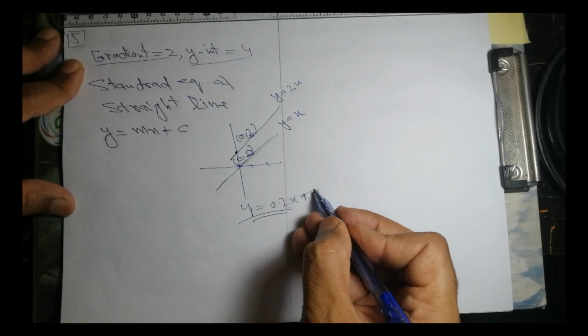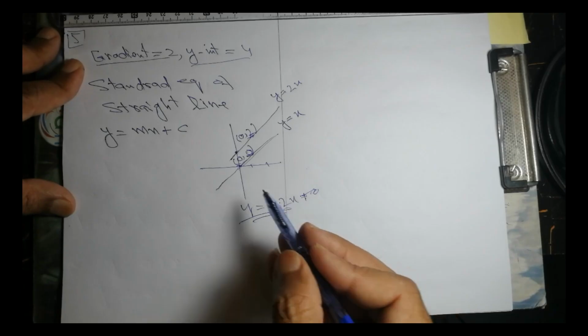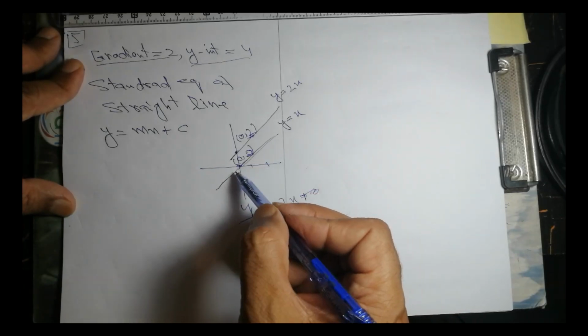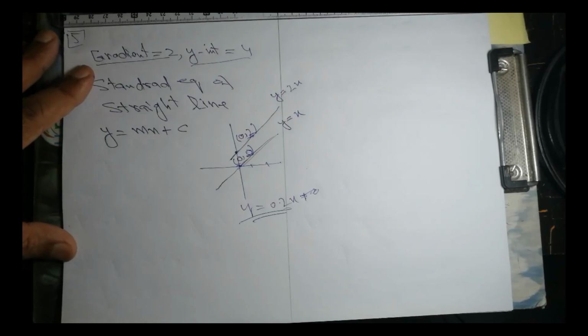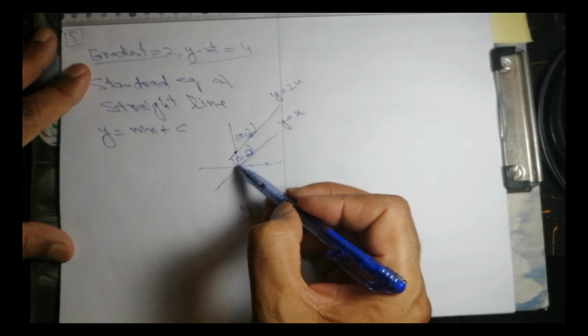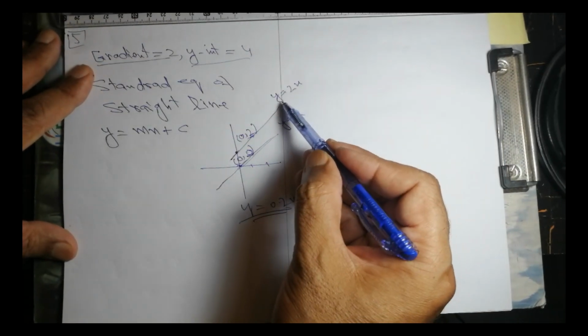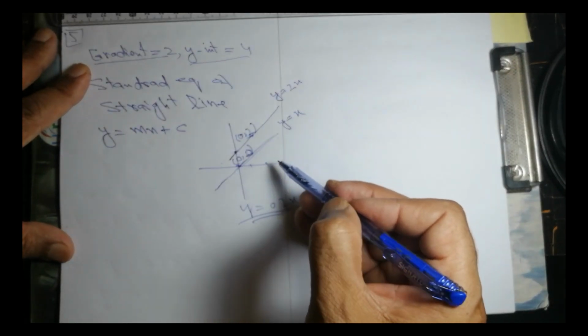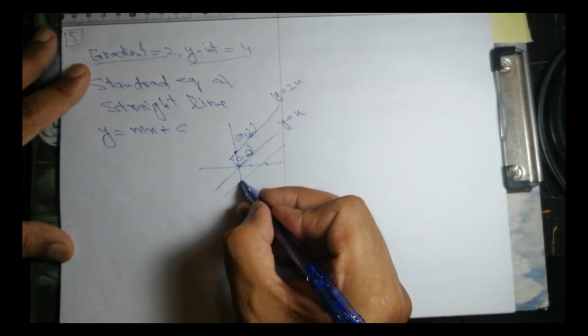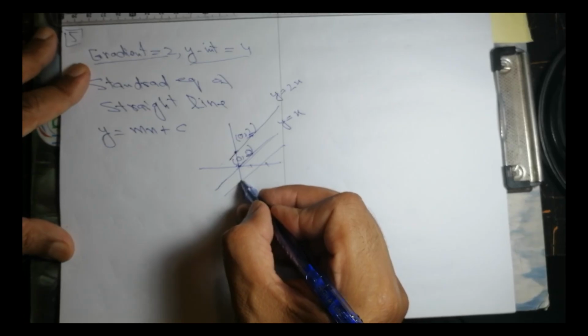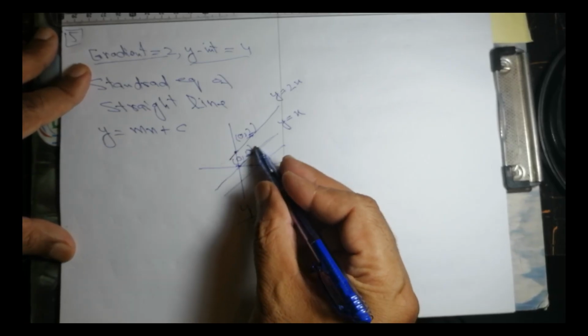So it means it has 0 y-intercept because it is passing through the origin. So you can get a y-intercept only if the line is not passing through the origin. The line is passing through this point, or suppose it is passing through this point. It should intersect the y-axis at some other point other than 0, 0.